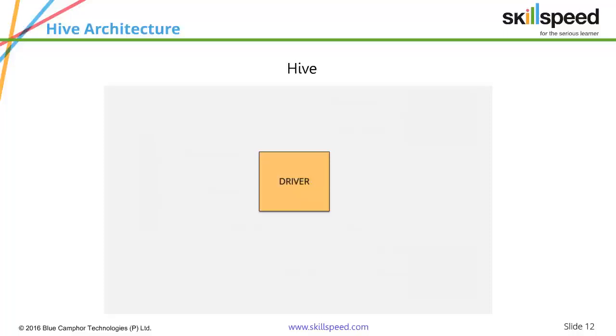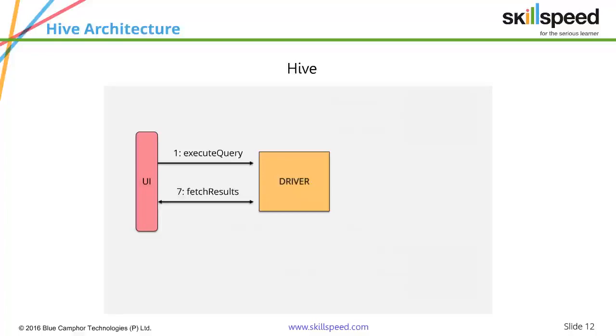Here you can see a quick look at how a user is interacting with Hive. The first step is that you type a query, which is received by the driver. The moment the driver receives the query, the second stage is get plan. It sends the query to the compiler for the sanity check to make sure that the query is perfect.